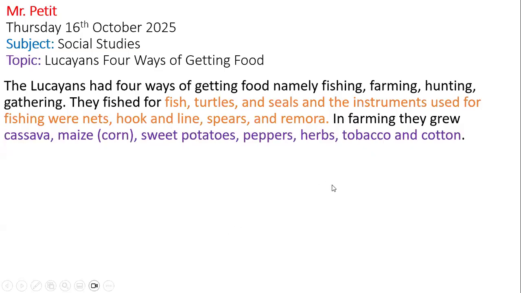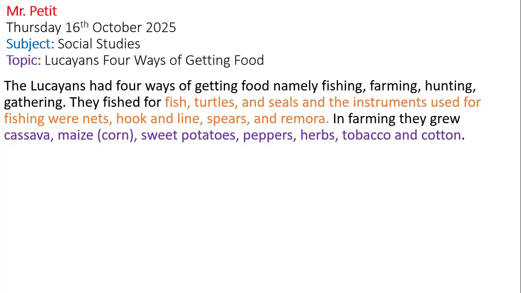Very good. Malaya Delavo, can you read this paragraph for me, please? Yes, sir. The Lucayans had 4 ways of getting food, namely fishing, farming, hunting, and gathering.